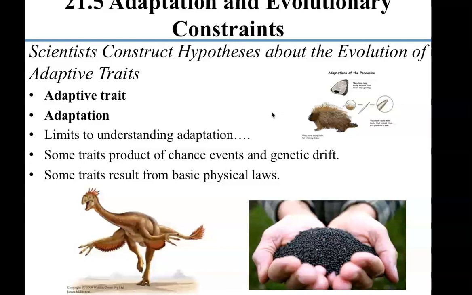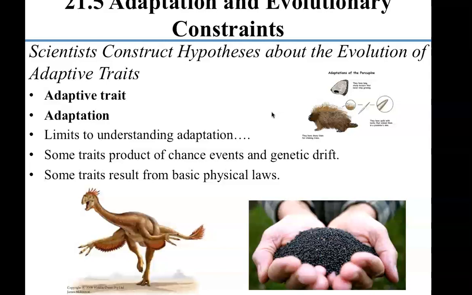So if you think about seeds, why does a mustard plant have small seeds? Is that an adaptation? Well, sure, but it's probably also due to the constraints of physical laws. In other words, a mustard plant isn't going to start growing giant seeds that weigh like a pound or something, because that would pull the plant over, and those seeds aren't going to float on the wind, or they're going to be harder to eat.